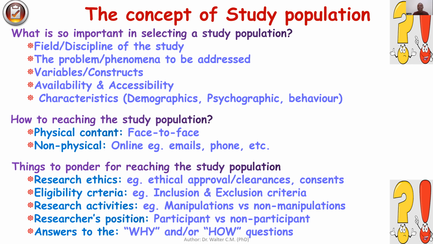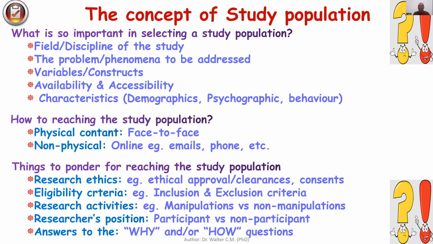This is a big challenge to most of us as researchers in academia. I'm talking of academia because this is more of an academic session. So we have types of researcher's position. You can be a researcher but a participant in your study, and you can be a researcher but a non-participant.